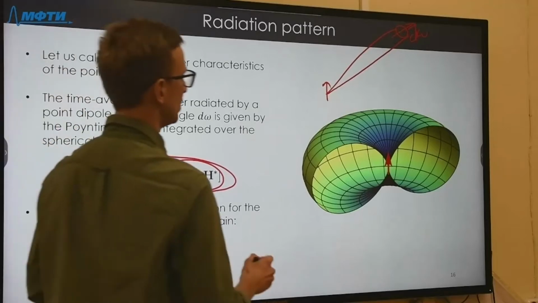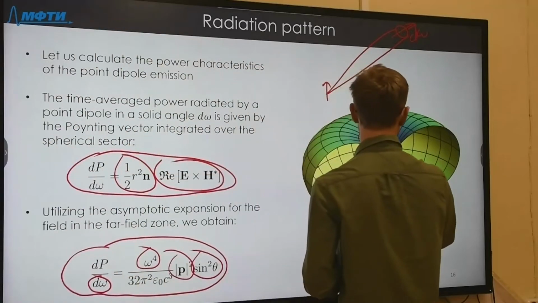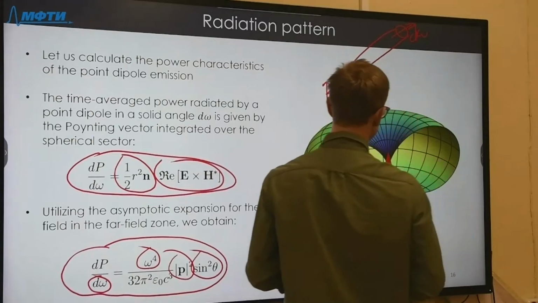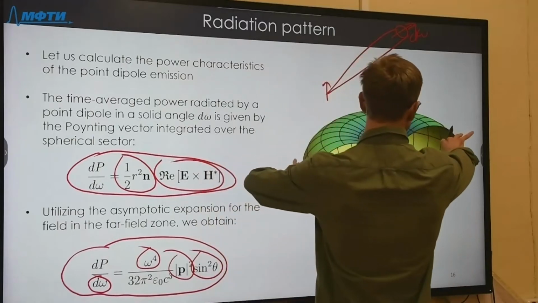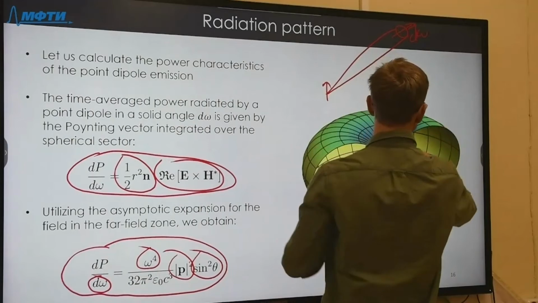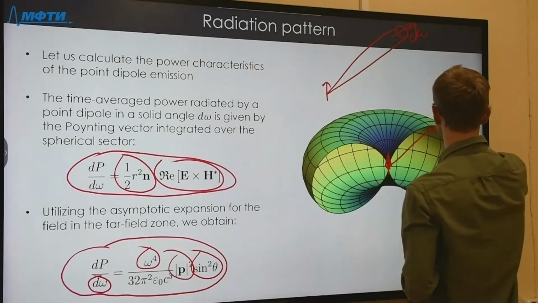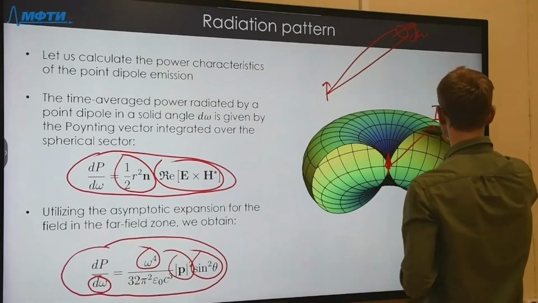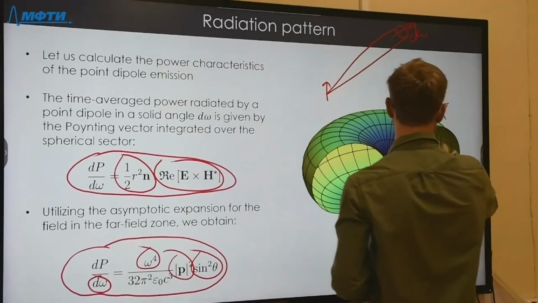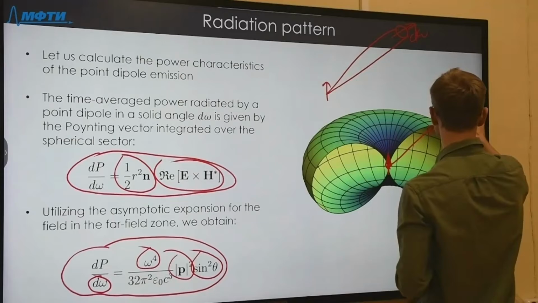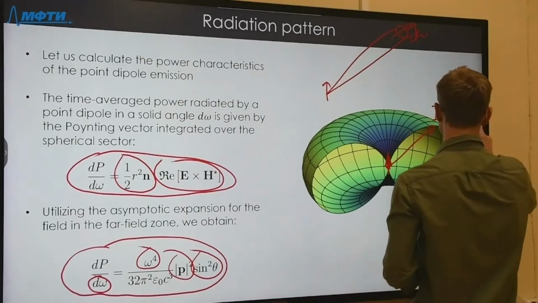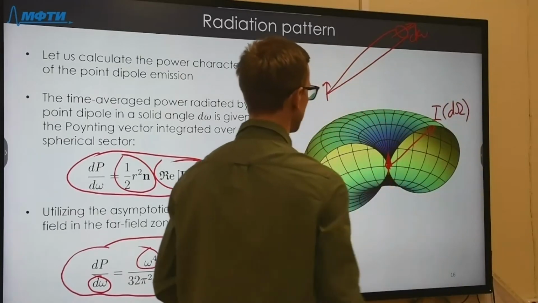So we have a point dipole here, aligned along the z-axis, and the distance of that shape from the dipole corresponds to the intensity radiated by the dipole in the corresponding solid angle. So this distance is proportional to the intensity.